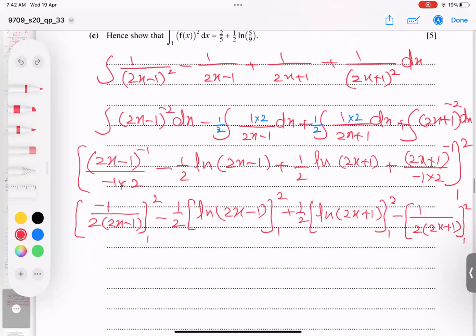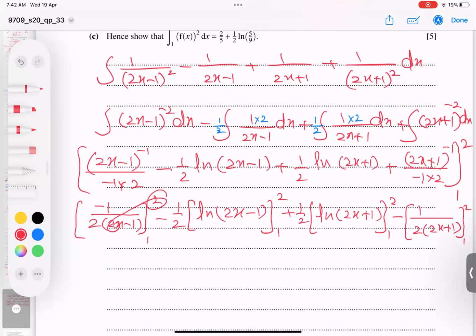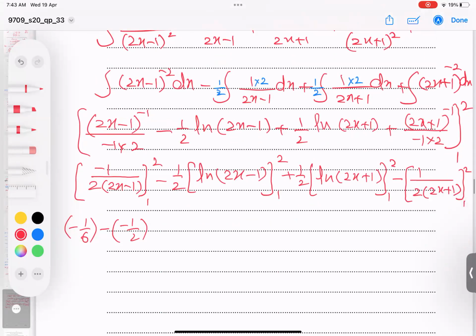When I plug in 2 here, 2 twos are 4, 4 minus 1 is 3, and 3 twos are 6. So minus 1 over 6. Upper limit over minus. When I plug in 1 here, I get a negative half. So in short, -1 over 6 plus half.